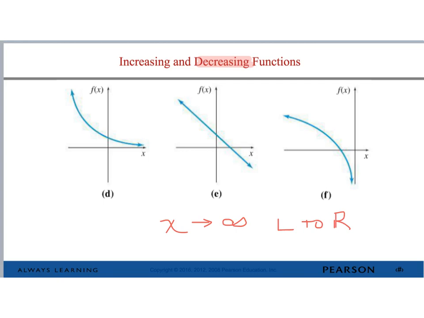When we read that graph with x going from left to right, starting at smaller values of x and moving along the x-axis, you see the values of the function get smaller and smaller. The same thing happens with the linear function. As x gets larger, f of x gets smaller. And again, with this function, as x gets larger, f of x gets smaller and smaller.